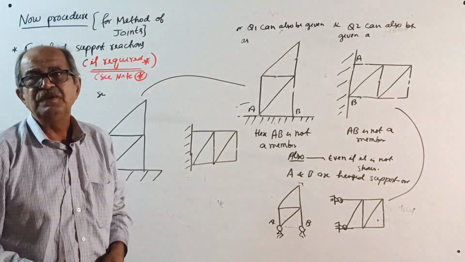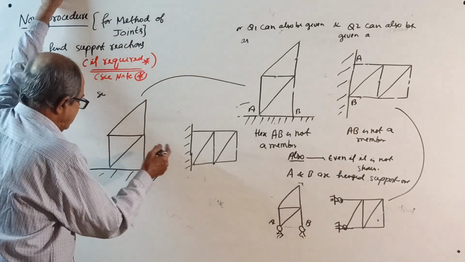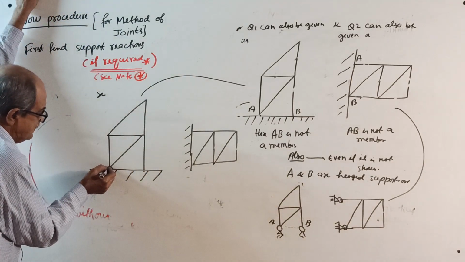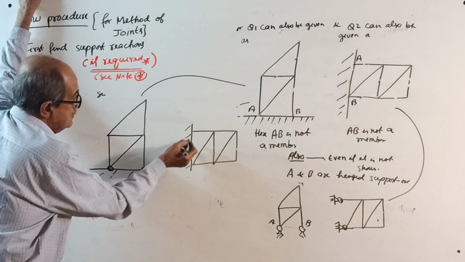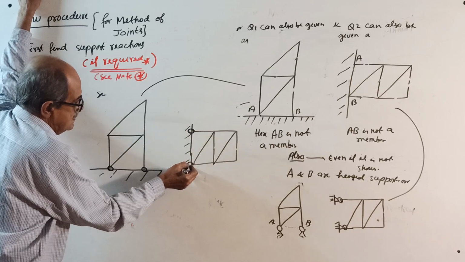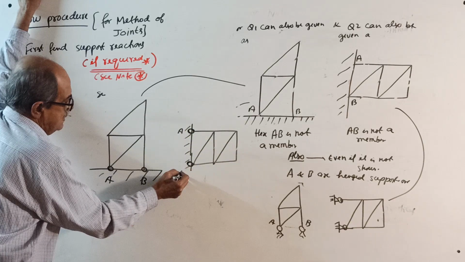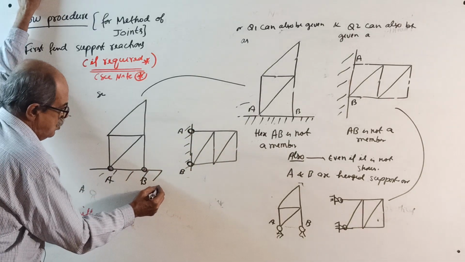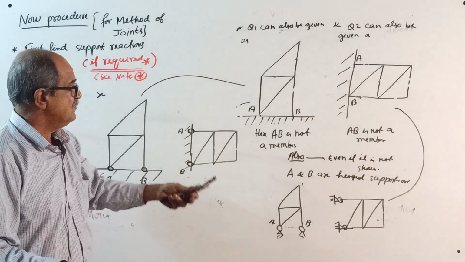But so many times in examinations they don't consider those things. So then what he will do is, see, he will give it like this. See, A, B. Then once again it becomes our same case.